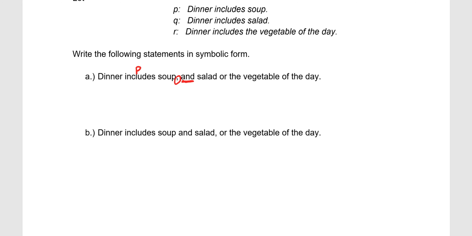So P, comma, and salad. It's assumed that it's dinner includes salad, or dinner includes the vegetable of the day, but in English, we don't have to repeat that over and over again. So the salad portion is Q, and then we have the word or, and then vegetable of the day, which is R. The ones that are going to be grouped together are Q and R because they're on the same side of the comma.